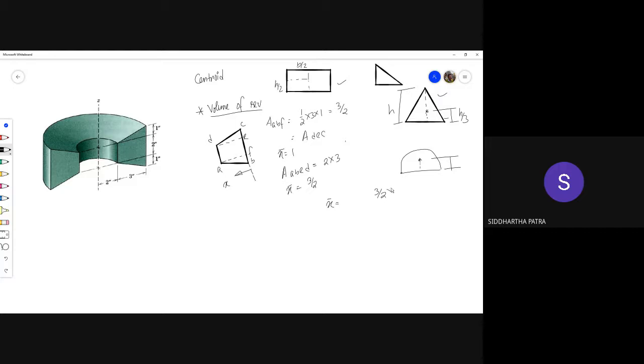So it is 3 by 2 times 1 times 2 plus 2 times 3 times 3 by 2, divided by 3 by 2 times 2 plus 2 times 3. So what is the value of this expression?